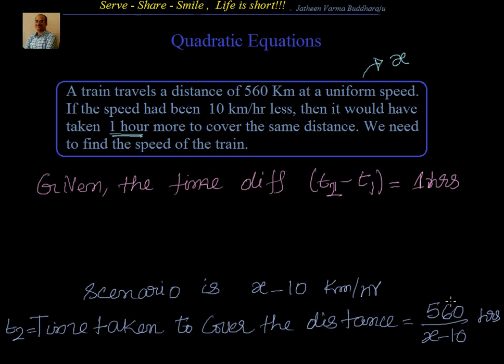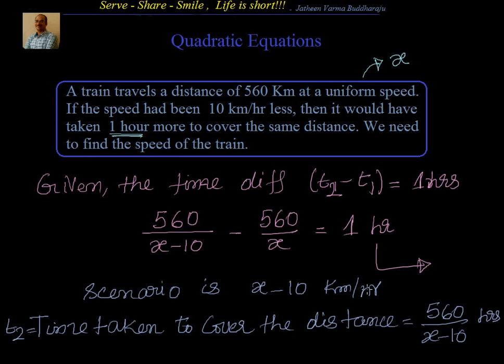We know that if the speed is less, the time taken will be more. So then we'll write down the second scenario, when the speed is less by 10 kilometers, minus the original scenario when the speed is uniform speed of x, the difference is 1 hour. After this you can start solving and form the quadratic equation.